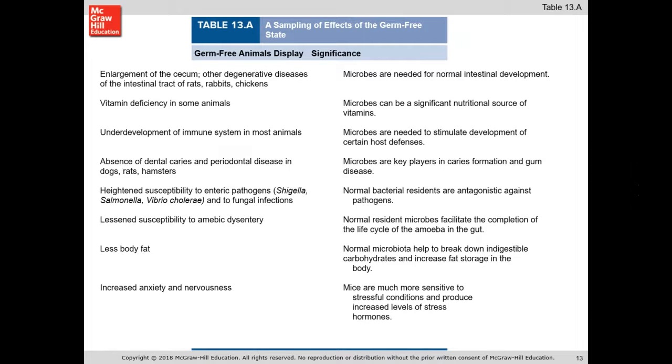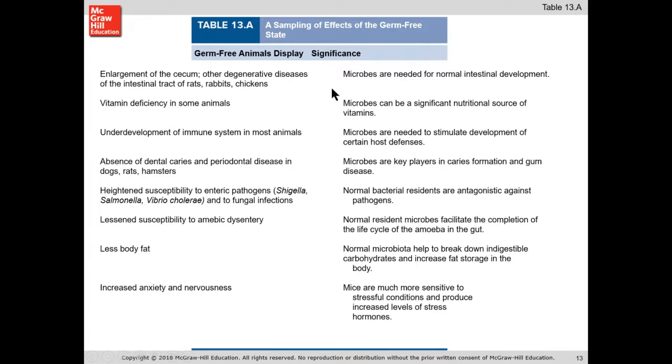Or if you take gut bacteria from a fat mouse and put it into one of these germ-free mice, then the germ-free mice gain weight and become obese as well. And then if it comes from a healthy weight mouse, then the germ-free mouse becomes a healthy weight mouse. So anyway, this is worth looking through. So this is what germ-free animals show, okay?